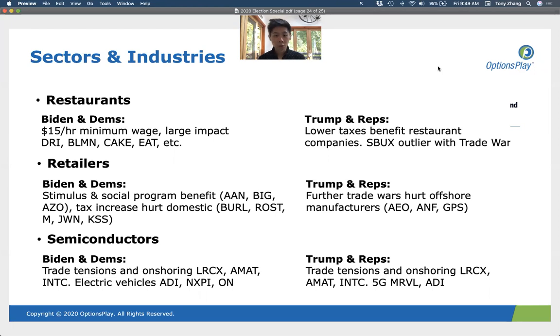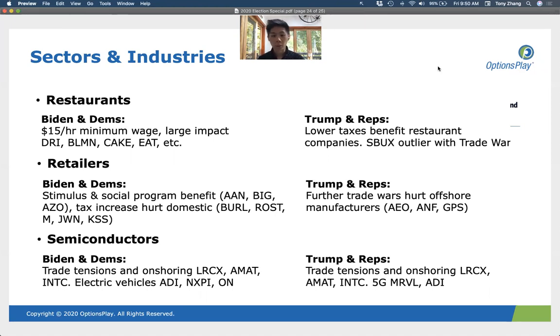On the Trump side, or the Republican side, this is really where we continue to see lower taxes in this particular space, where we might see even further lower taxes for restaurants. This is generally going to be a net beneficiary for restaurant stocks, with the exception of some stocks like Starbucks that have a fairly sizable exposure to China.